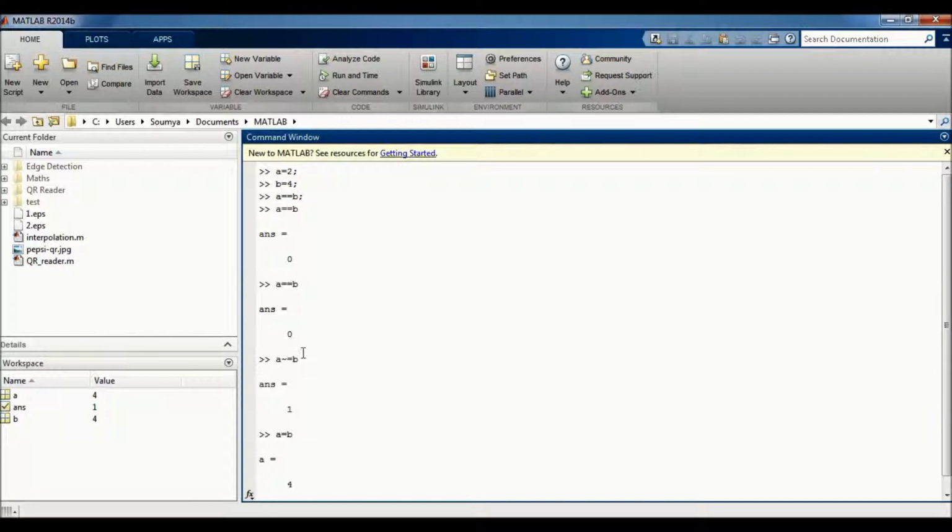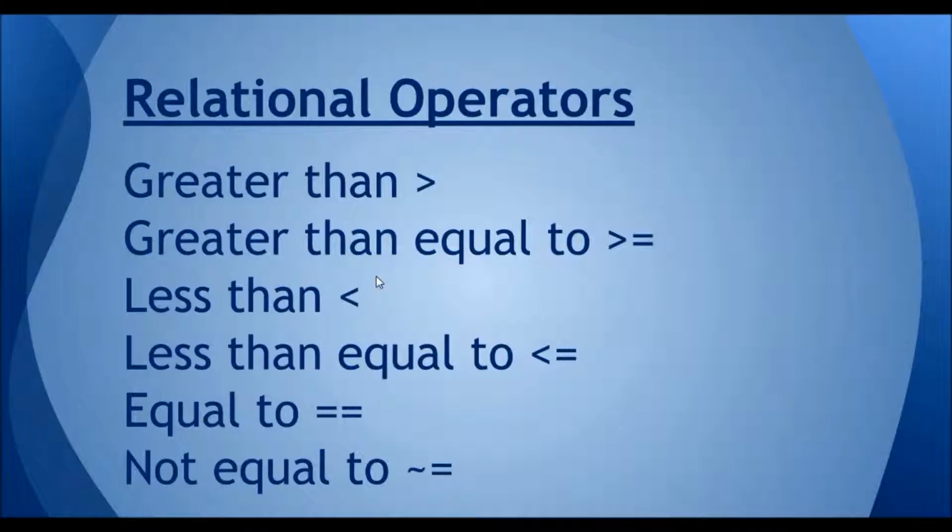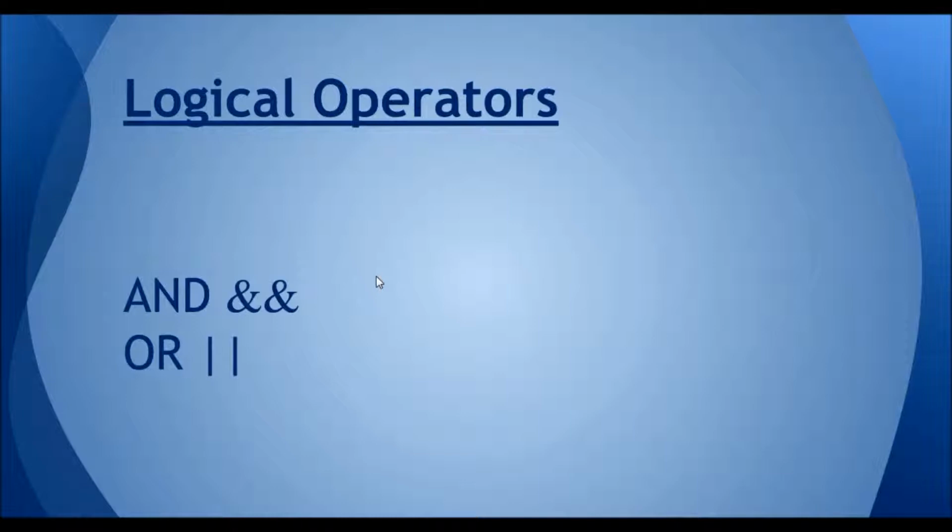So here we can see that the initial value of a was 2 and b was 4. But when I write a equal to b, that means the value of b is assigned to a. What was the value of b? 4. So a value of 4 is assigned to a, and so a is equal to 4.